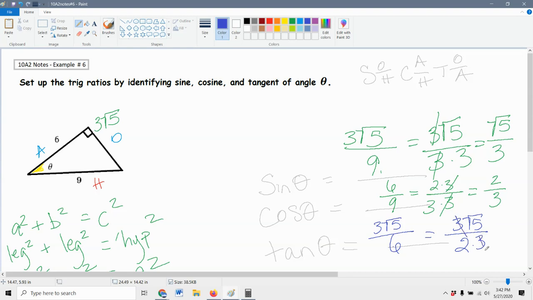So this 3 and this 3, an up 3 and a down 3, of course, will cancel. 3 divided by 3 is 1. That's why they cancel. That'll leave us with root 5 over 2. And there's our tan right there. Okay? All right, guys, just remember, when you get an answer for these ratios, try to simplify it. All right? Thanks for watching, guys.